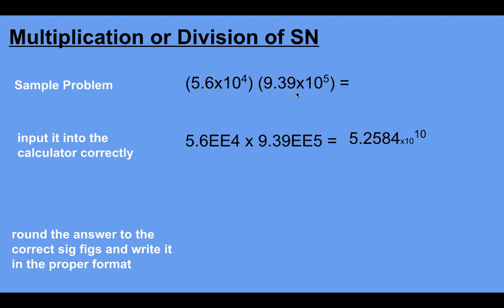So how many are you going to have in your answer? Hopefully you said 2. So we come down here. 5.2, is the next 5 going to round the 2? Yes, indeed. So our answer is 5.3 times 10 to the 10th.